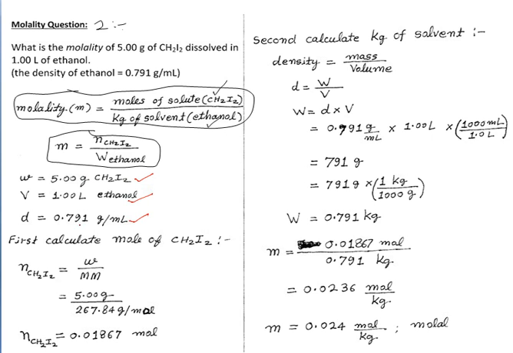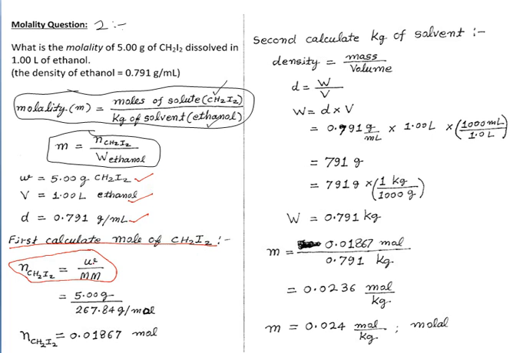So using these values, first we have to calculate how many moles of diiodomethane are dissolved, and this information we can get from 5 gram of diiodomethane. And if we remember the formula for how to calculate moles from the gram, number of mole is equal to mass in gram divided by molar mass.